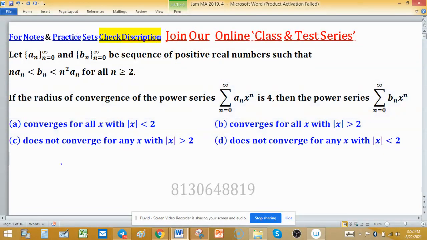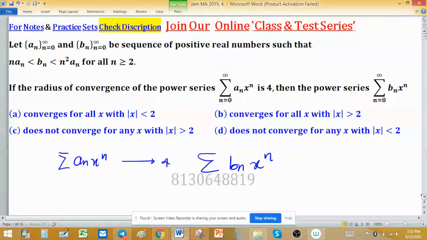As the radius of convergence of the power series summation a_n x^n is 4, we have to tell about the radius of convergence of the power series b_n x^n. Remember this point: to tell about convergence of a power series, sometimes the radius of convergence is very helpful, but the interval of convergence is a more precise way to answer convergence at some specific point.